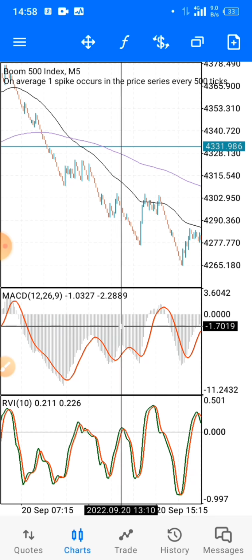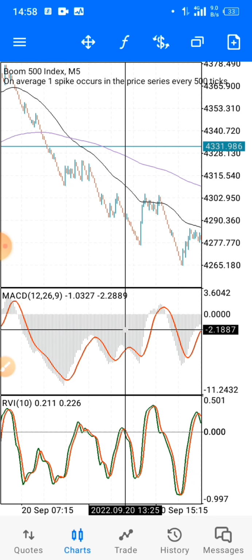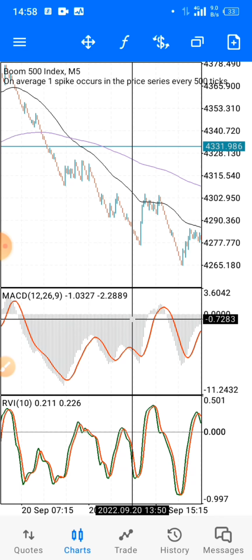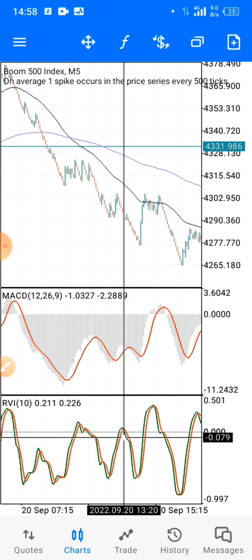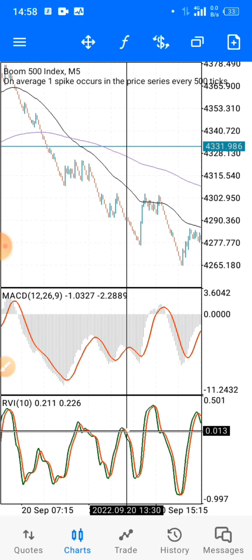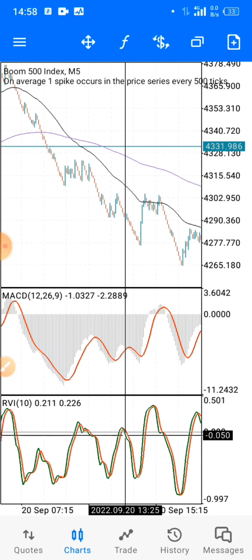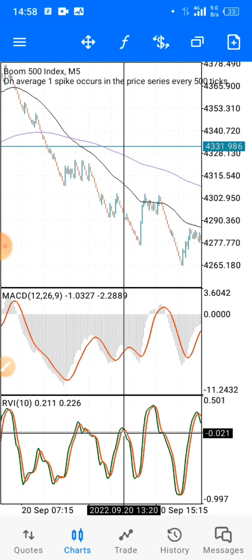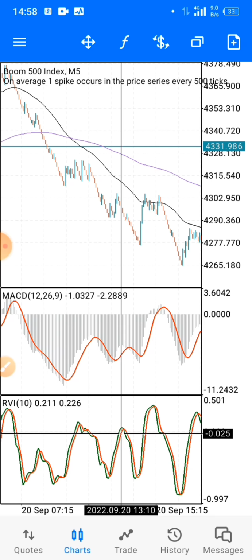Then the MACD is below the level 0, and this RVI, the green and the red, cross above level 0. So we take our trade right there, and we hold. Okay, so that's what we are going to be doing right here.